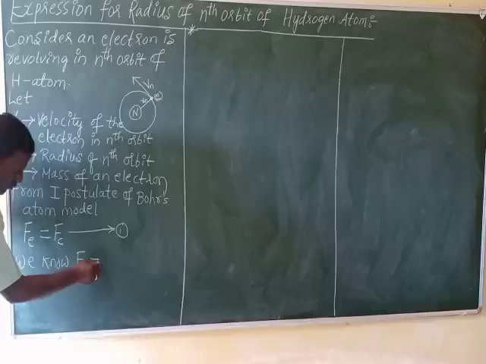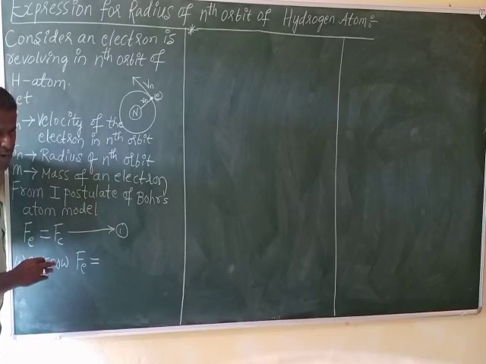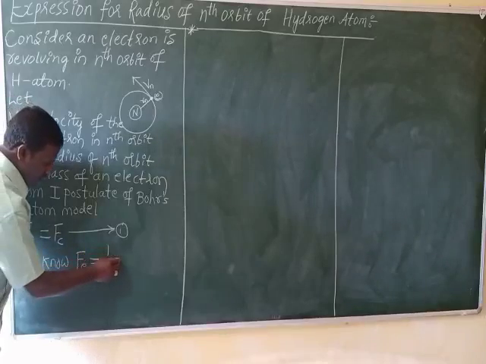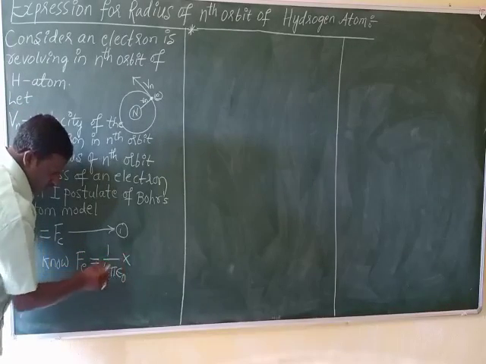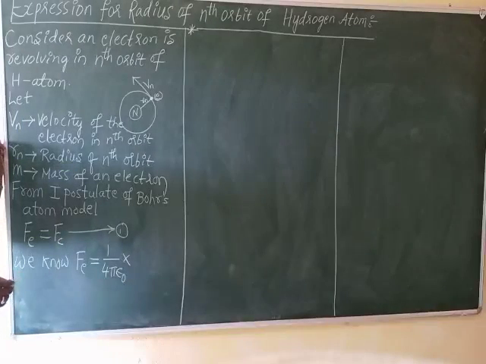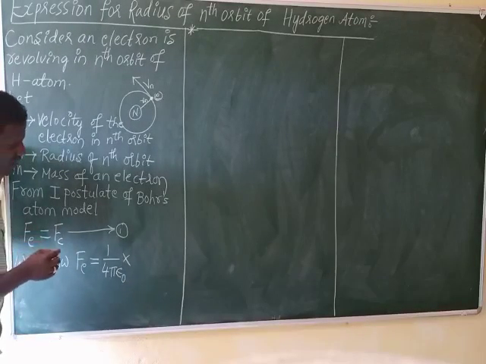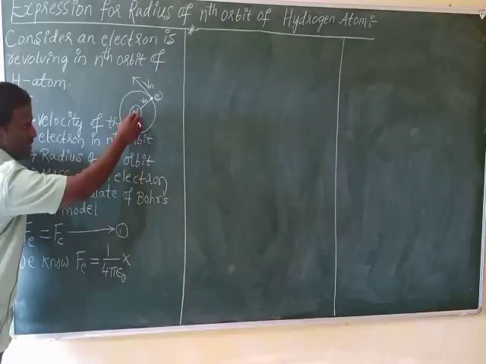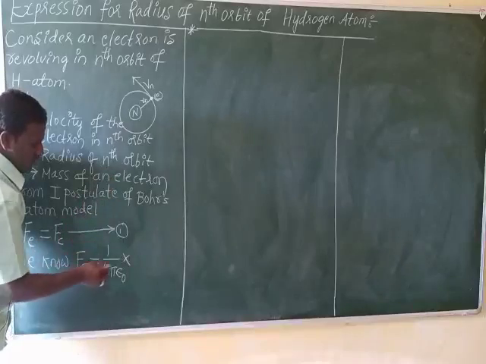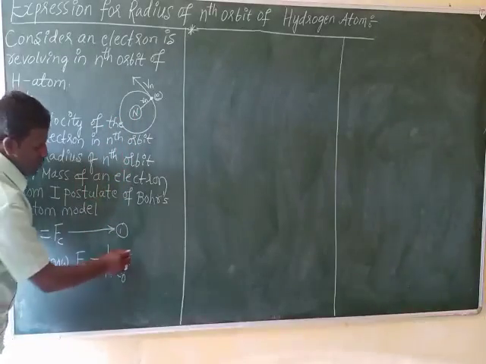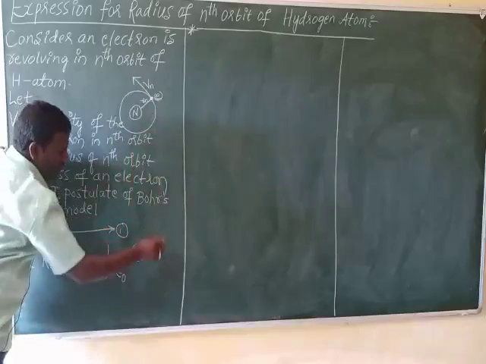We know Fe is the electrostatic force of attraction. Coulomb's law is 1 by 4 pi epsilon into Q1 Q2 by R square. Here Q1 is the charge of the nucleus, Q2 is the charge of the electron, and R is the distance. The charge of the nucleus is Ze, and the charge of the electron is e.